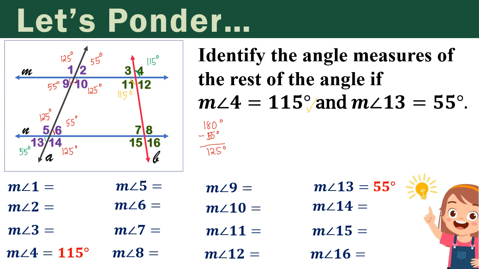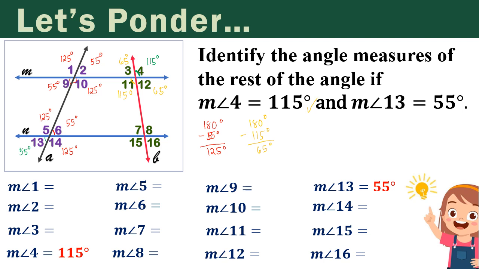So definitely, we're gonna have 180 degrees minus 115 degrees. So subtracting this one, we would have 65 degrees. Alright? So that means angle 3 is 65 degrees. Same goes with angle 12. Since they are vertical angles, they should have congruent or the same measure.